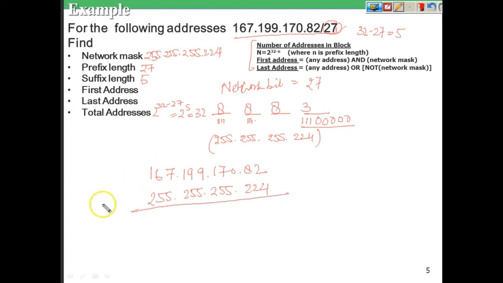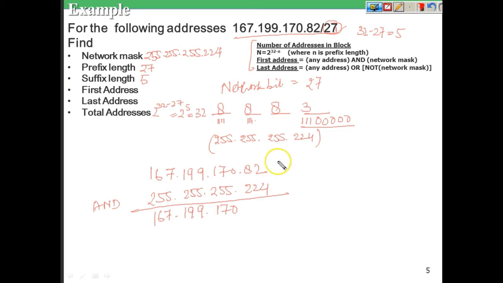So we can apply the AND operation. To do the AND operation, we use the lowest value if either of the two values is 0 or 255. So here this is 167.199.170, and here we need to find the answer for 82 AND 224.